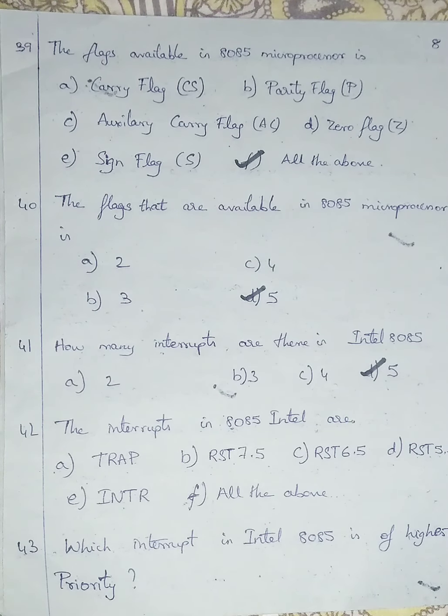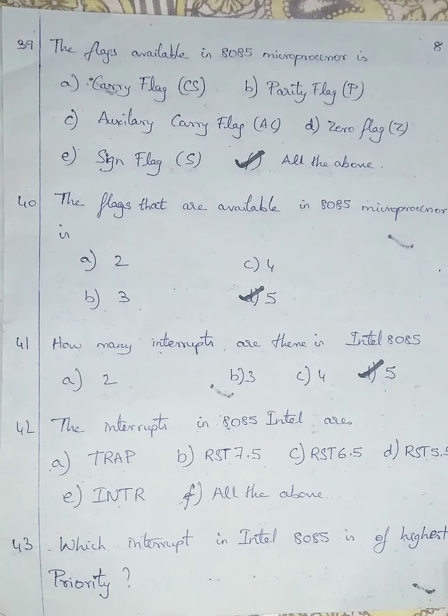These interrupts are priority based. TRAP is the first priority, RST 7.5 is the second priority, RST 6.5 is the third priority, and RST 5.5 is the fourth priority. The last priority among the interrupts is INTR.